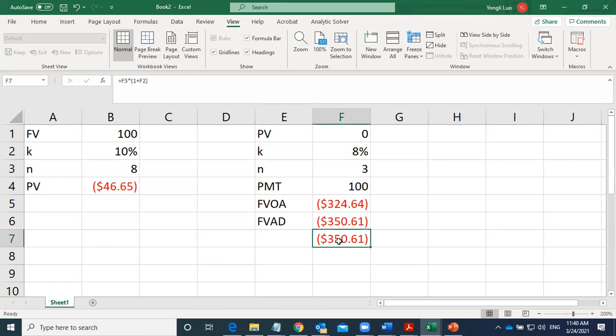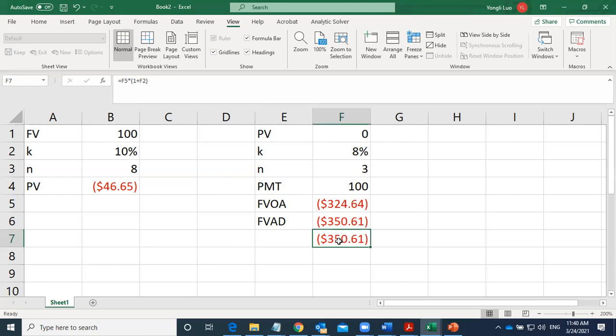The next time I ask you a question, if I tell you the ordinary annuity, you cannot just tell me you don't know the number for annuity due. As long as you know the ordinary annuity, you should know annuity due, because you just times 1 plus interest.